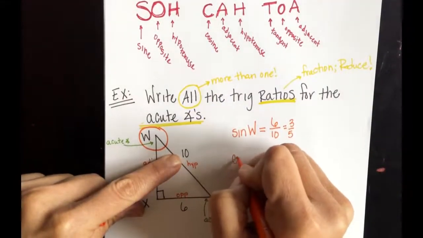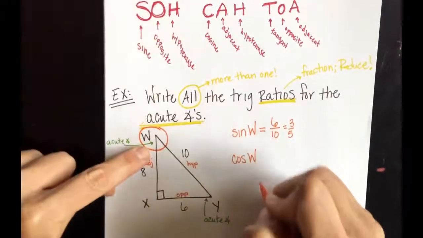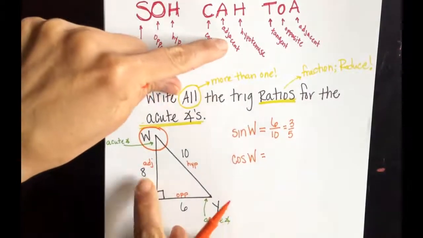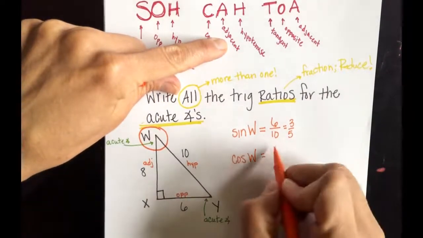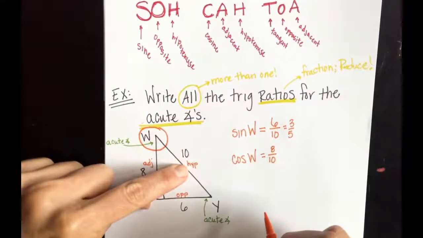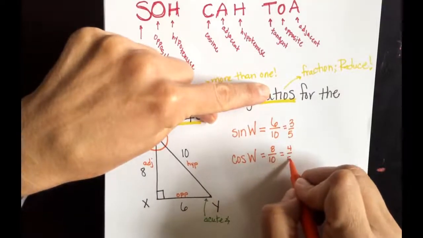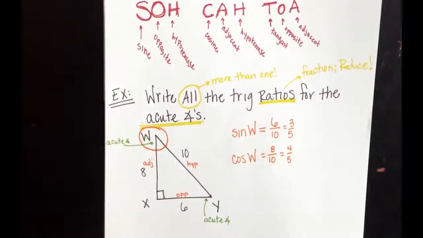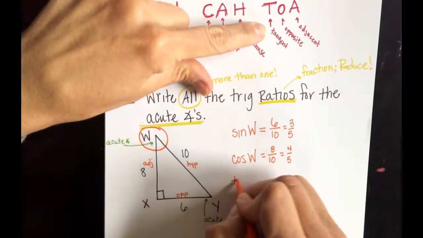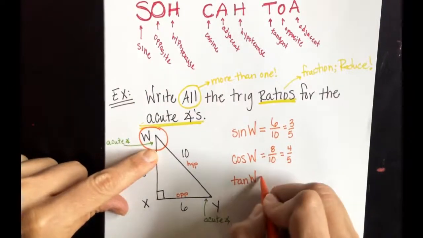We're going to do cosine, because that's the next trig ratio, still at that acute angle. And it's adjacent, so our adjacent side length is 8, and our hypotenuse is 10. And again, it's a ratio, so I reduce. And the last trig ratio is tangent, again, of the angle I'm talking about.